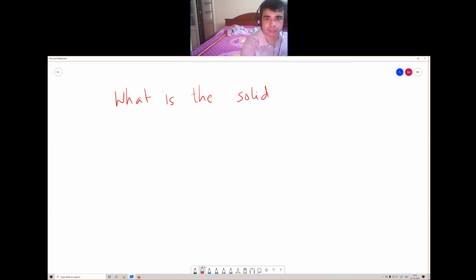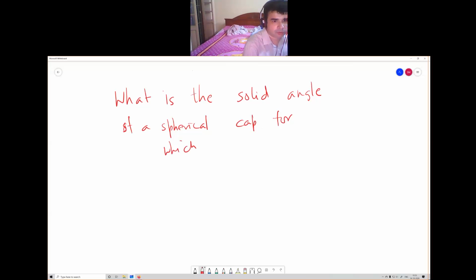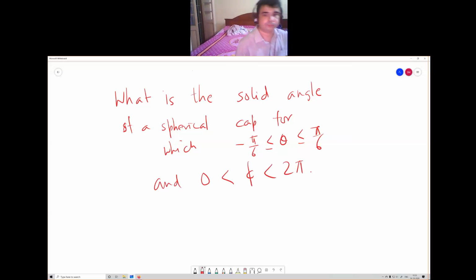We'll continue this from Monday. Can you try this problem?